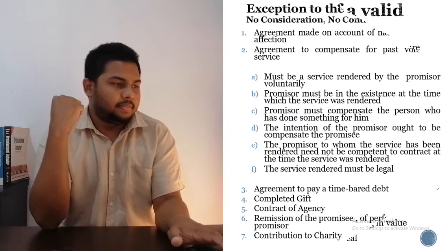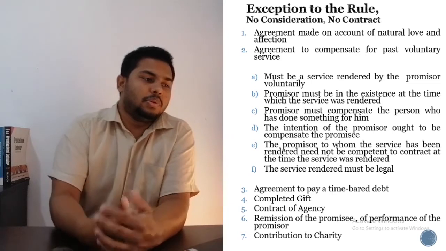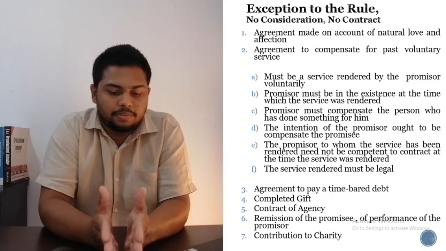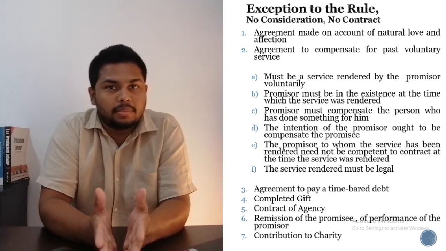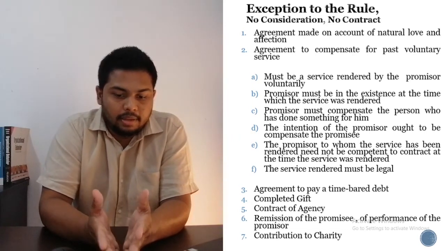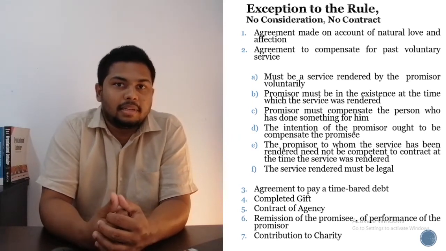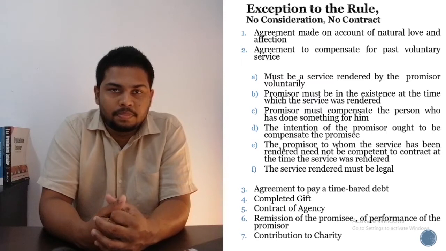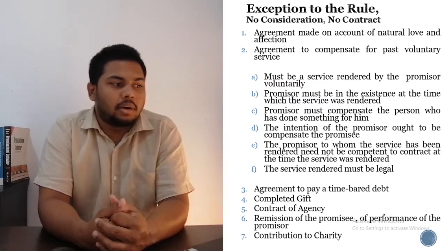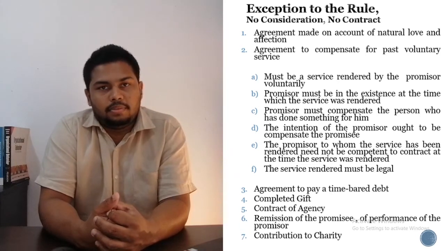Fine. Then moving to the exemption rule. I told you in the beginning of this session that if there is no consideration, there cannot be contracts or agreements. But there is an exemption where, even without consideration, agreements or contracts can exist. So let's see how. An agreement made on account of natural love and affection.